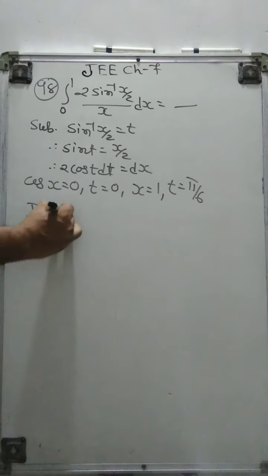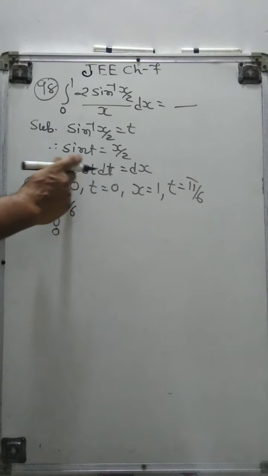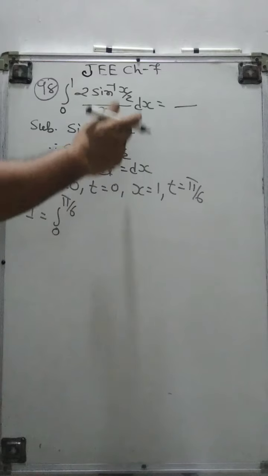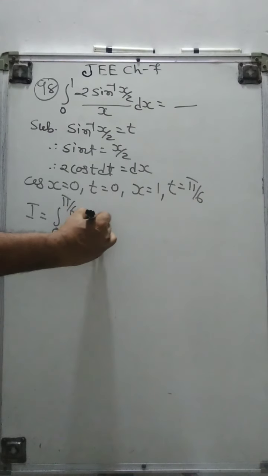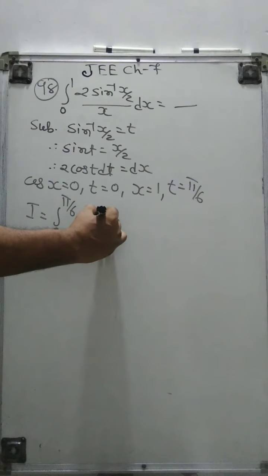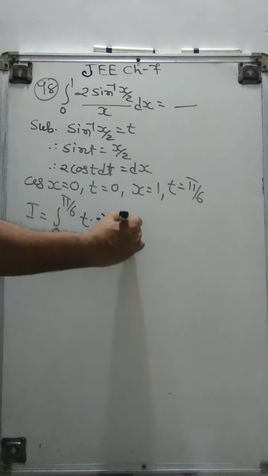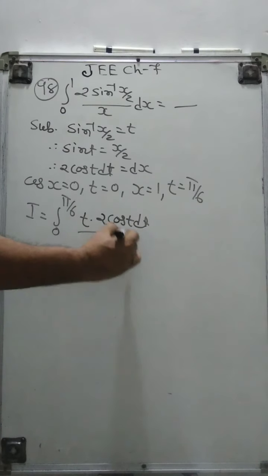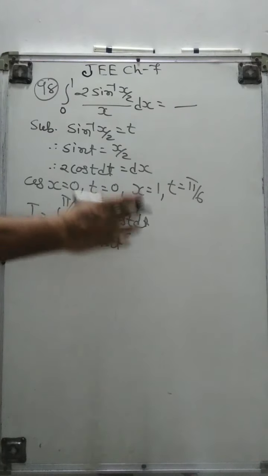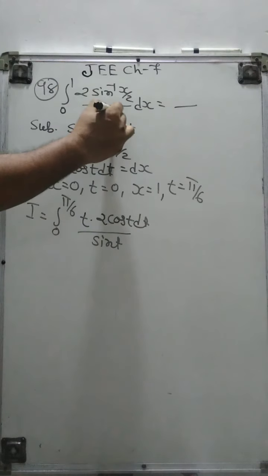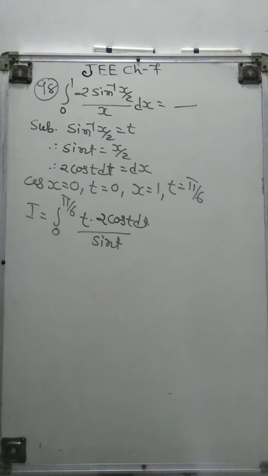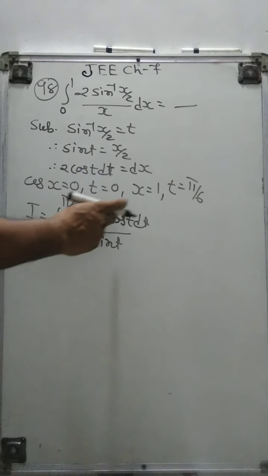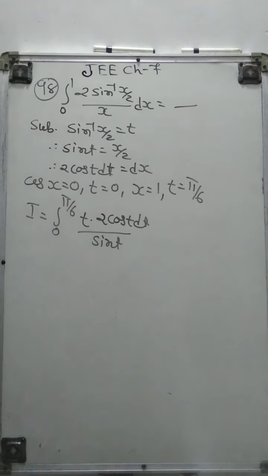So I equals integration from 0 to pi by 6 of t, and 2 cos t dt upon sin t. X by 2 is this 2 we are taking in the denominator, then we have t, 2 cos t upon sin t dt, right?